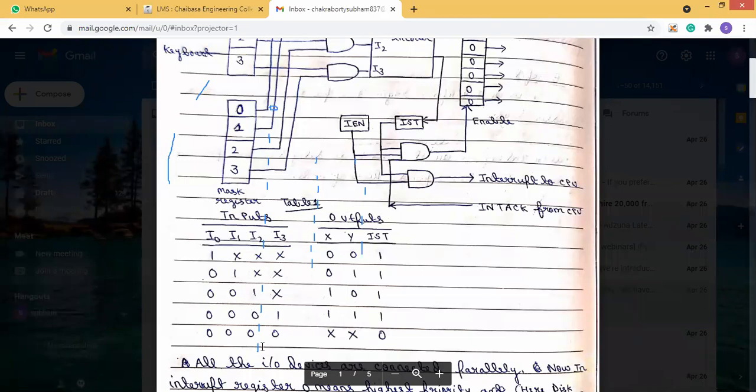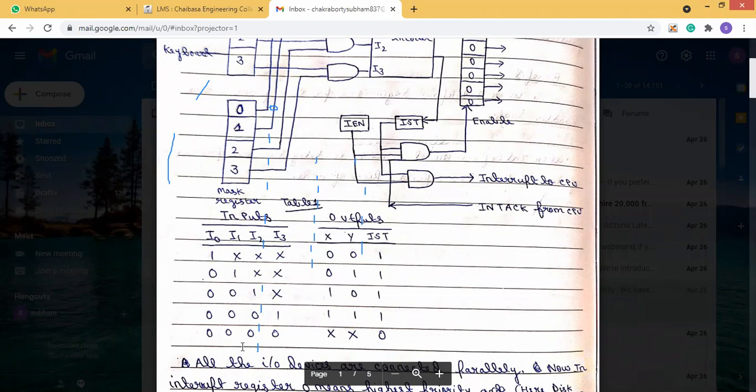So these 5 conditions we mentioned here: if all input output devices generate interrupt, if no input output devices generate interrupt, and these 3 conditions where one among them generated interrupt or not. Based on this, the table is created.